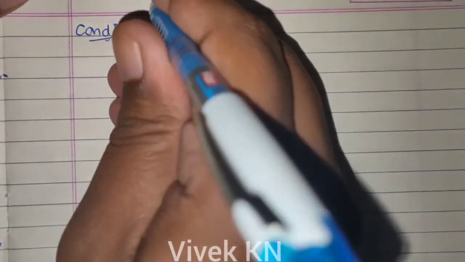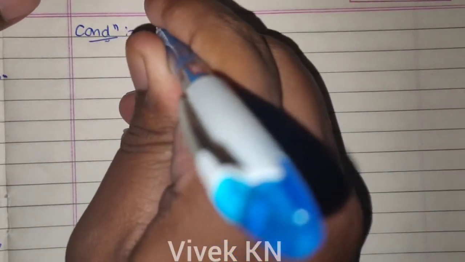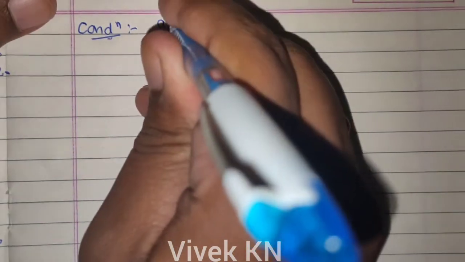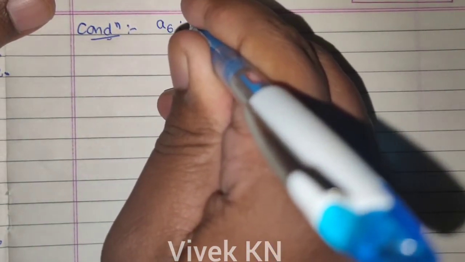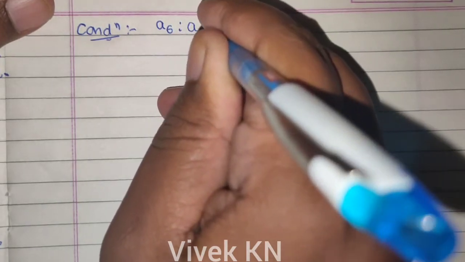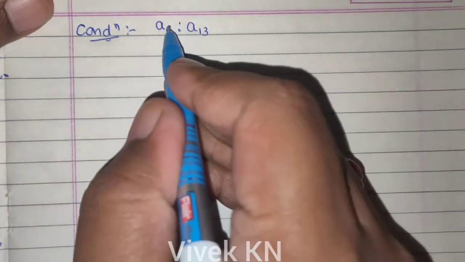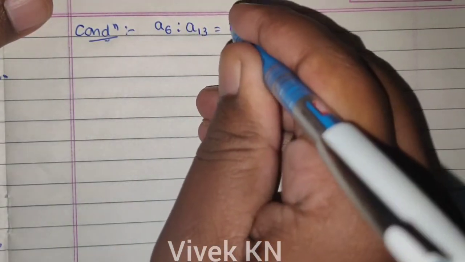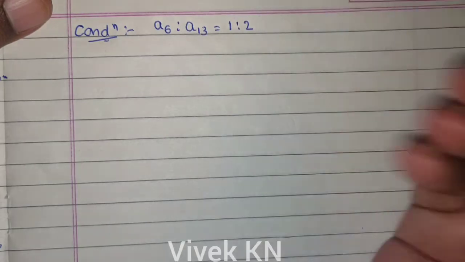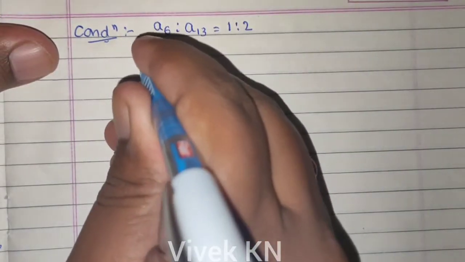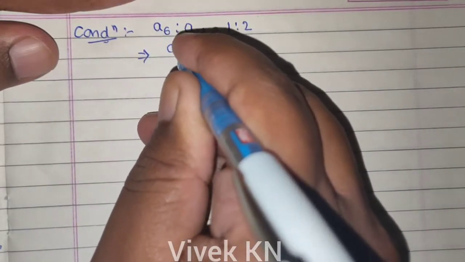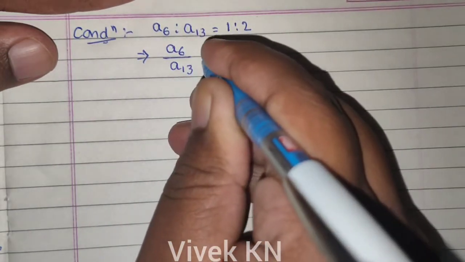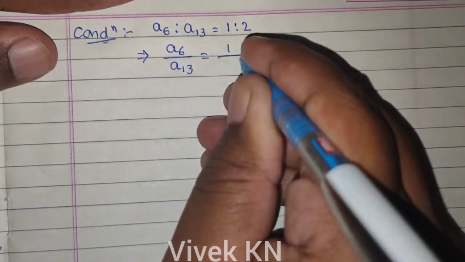Condition is the ratio of 6th term to 13th term, that is a6 is to a13 is equal to 1 is to 2. This can also be written as a6 divided by a13 is equal to 1 divided by 2.